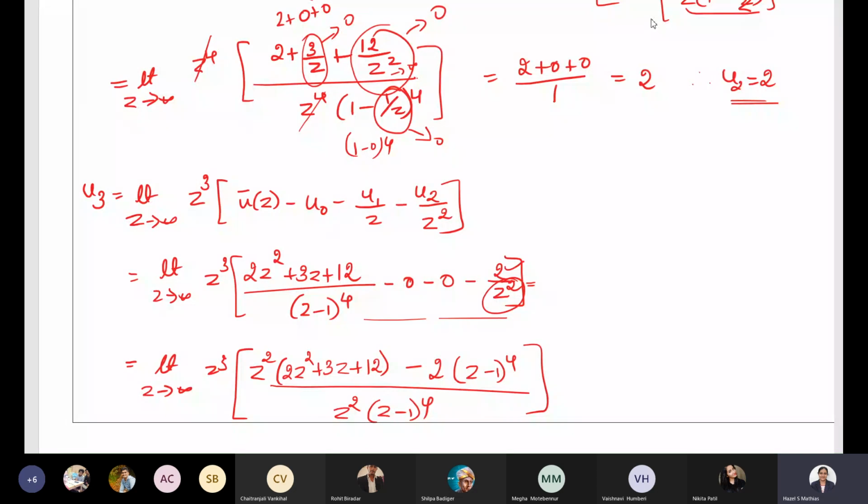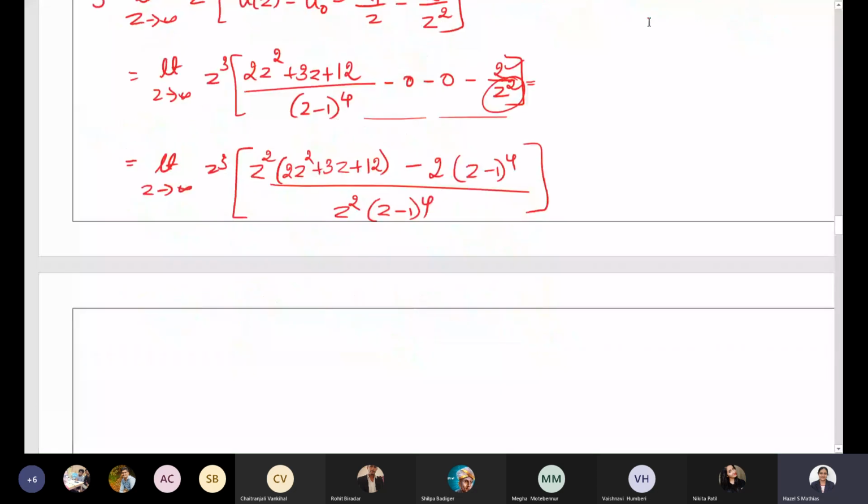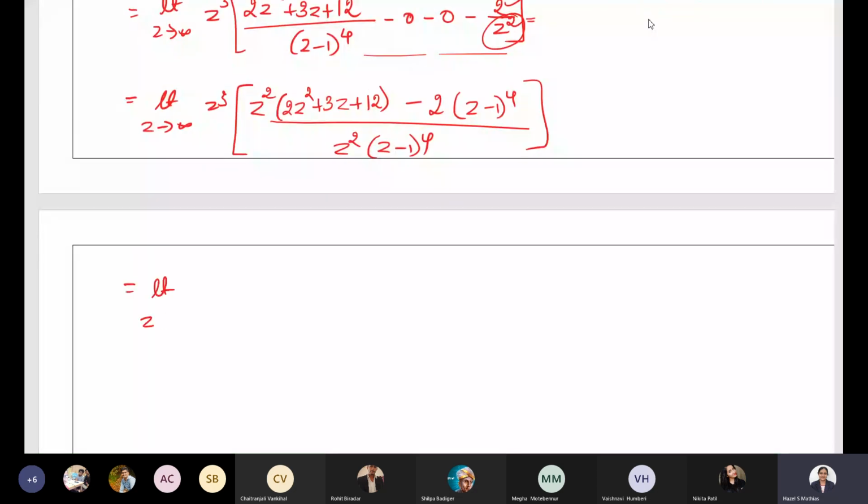Now let's simplify this. What happens? Limit z tends to infinity, z cube into z square. Now let's multiply these two. z square into 2z square. Or shall we take this term outside? What shall we do over here? Let's multiply first, then we will see whether we can simplify that.